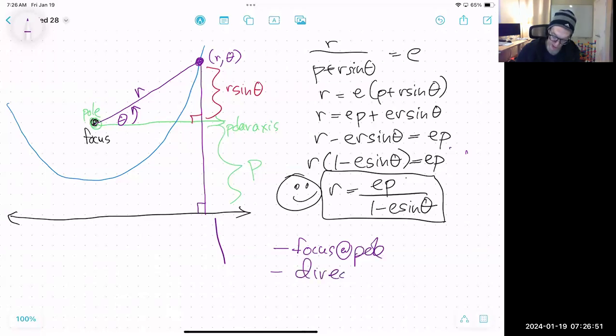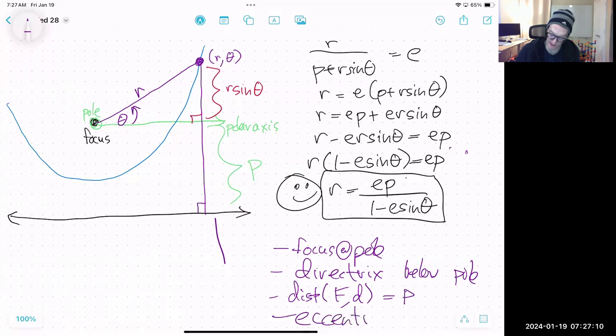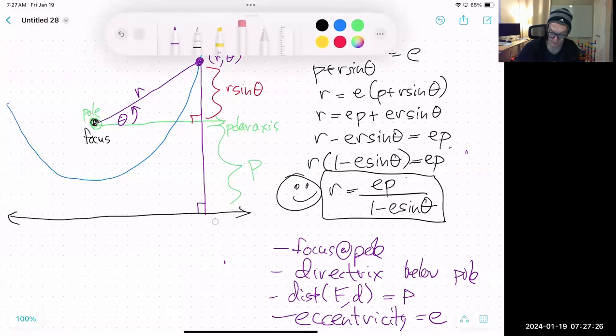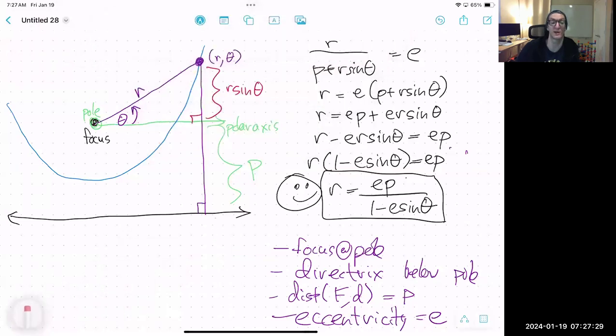Now built into this picture is that the directrix is below the pole, specifically that the distance between the focus and the directrix is p, and then also that the eccentricity is E. So if you give me a conic with eccentricity E, if you put the focus at the pole, if the distance between the focus and the directrix is p, and the directrix is below the pole, then you get this equation.